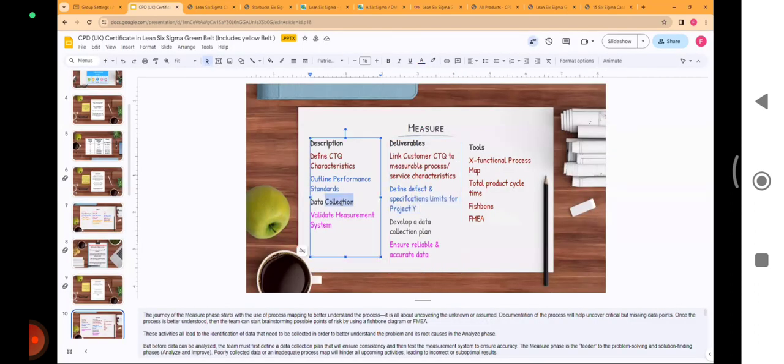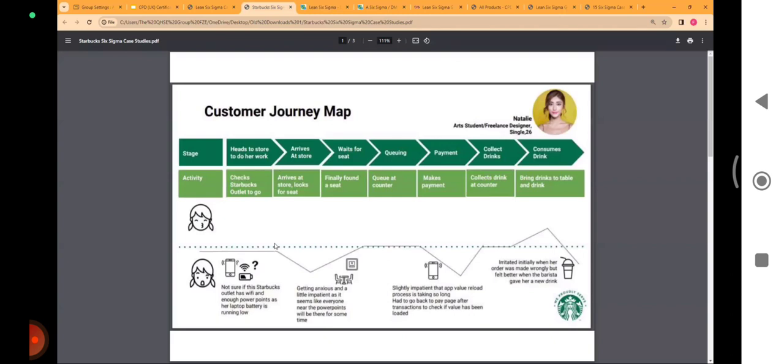Now, they have to start data collection. When you have identified these critical quality parameters which are historically causing problems, you measure data on the inputs and then the outputs. So basically, if I'm going to do my data collection here, I'm going to measure from when they arrive at the store looking for a seat until the time they leave the seat.